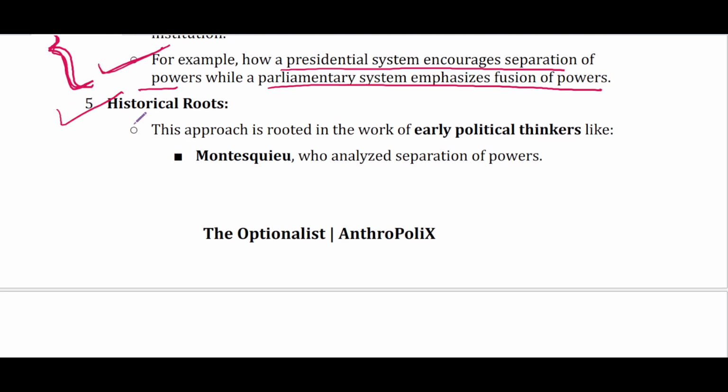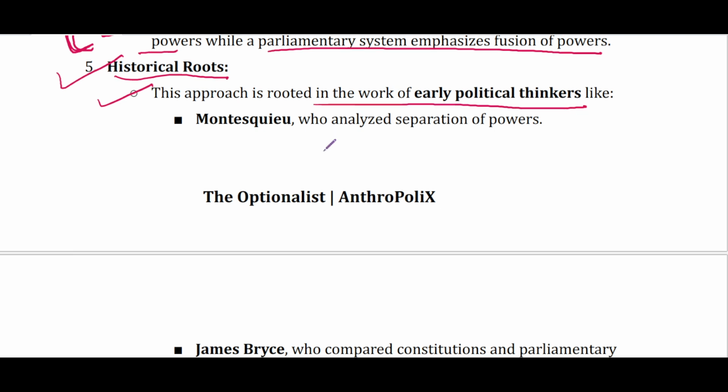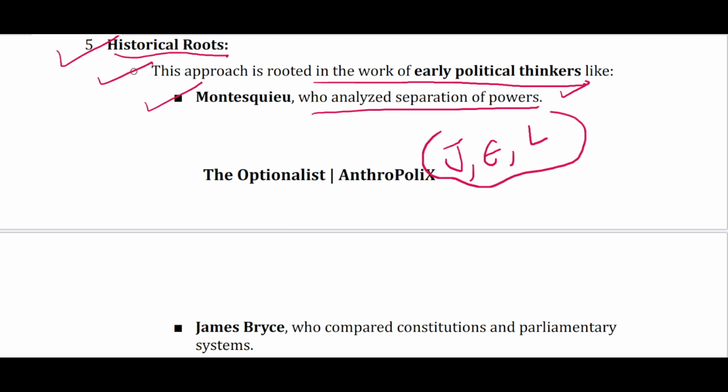The next feature is about the historical roots. This approach is rooted in the works of early political thinkers like Montesquieu, who analyzed separation of power, and that's how the three key pillars of government, judiciary, executive, and legislature, are separated.